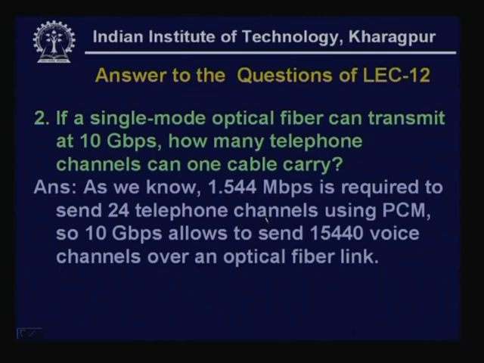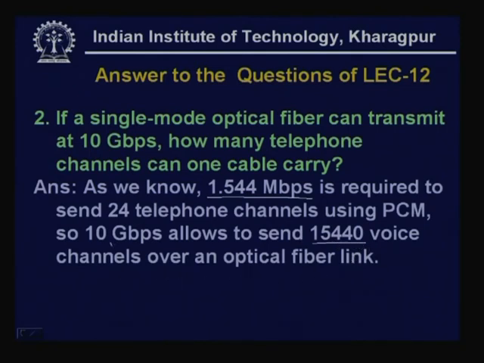Second question was if a single mode optical fiber can transmit 10 gigabits per second, how many telephone channels can one cable carry? As we know, 1.544 megabits is required to send 24 telephone channels using pulse code modulation. So, 10 gigabits per second will allow to send 15,440 voice channels over an optical link.